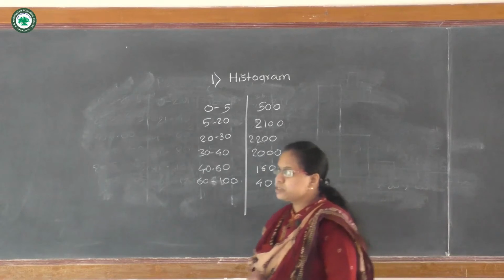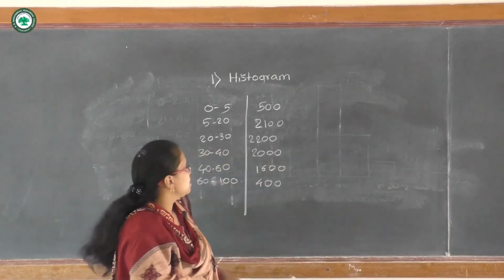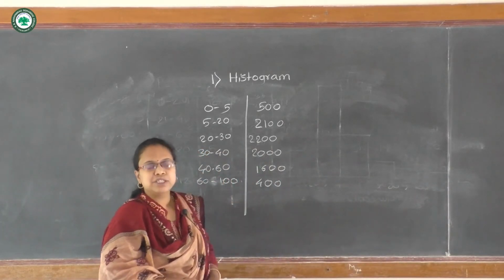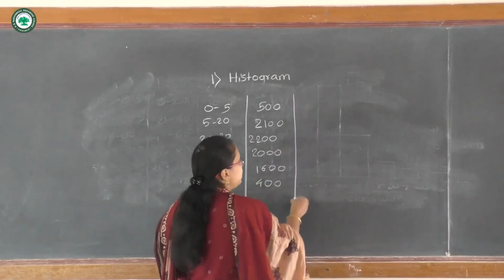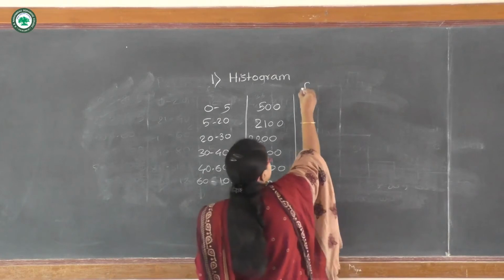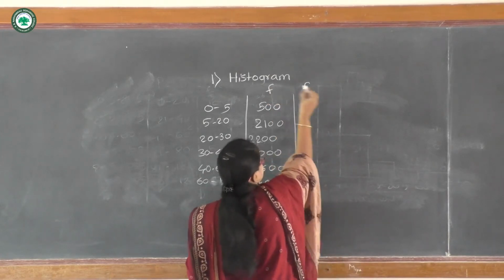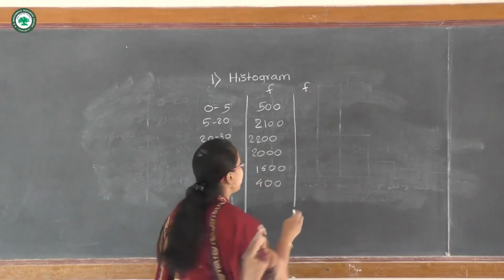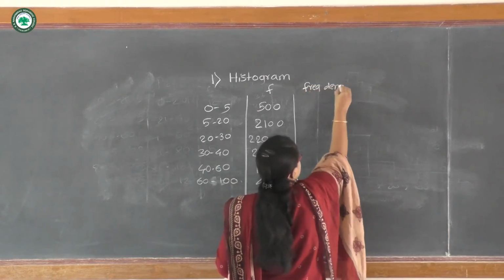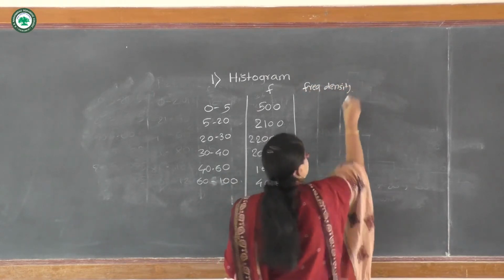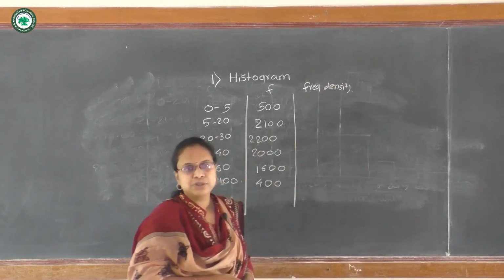So we will use the formula, which is that the area of the rectangle is proportional to the frequency density. Here we have to calculate frequency density and we should take this frequency density on the y-axis. We know its formula: it is class frequency upon class width.